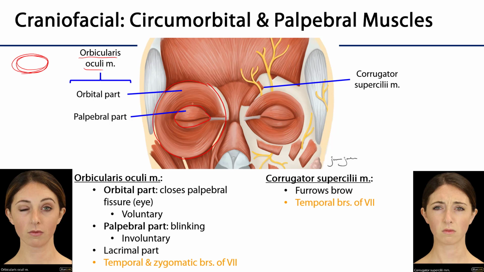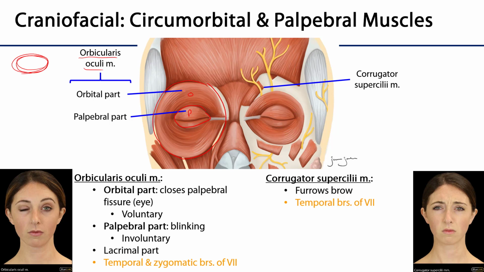That orbital part is what voluntarily and forcefully closes the palpebral fissure. The palpebral part, that would be everything within that almond shape area that I've prescribed, overlies the palpebrae.